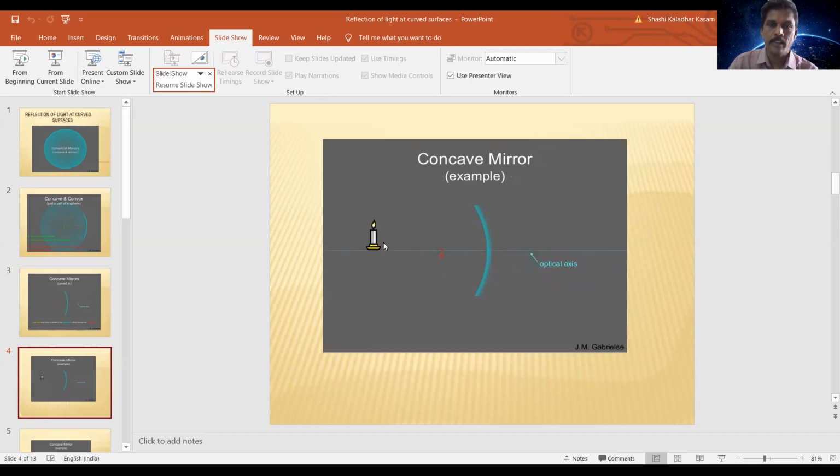But to locate the image position, a minimum of two rays is required. Where the two rays meet after reflection gives the image location. For that, you have to use three laws. Let us see what those are.